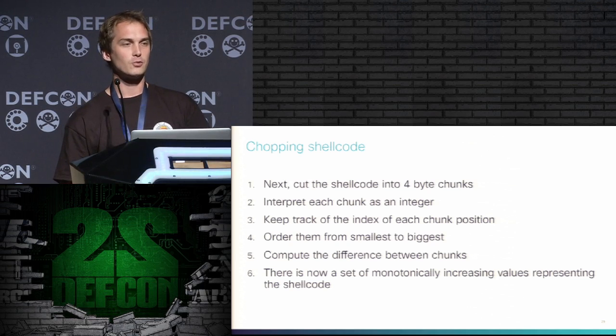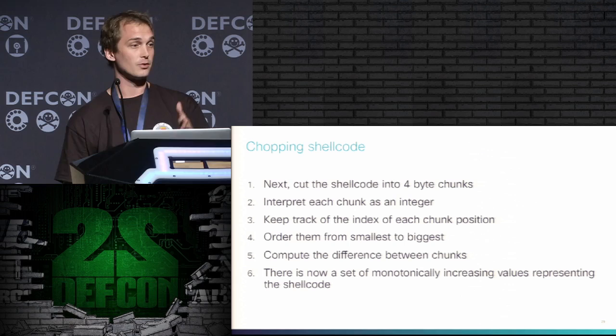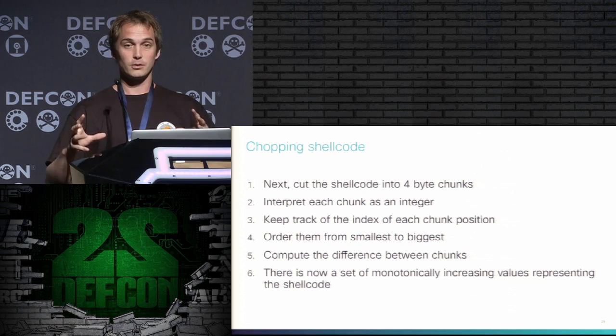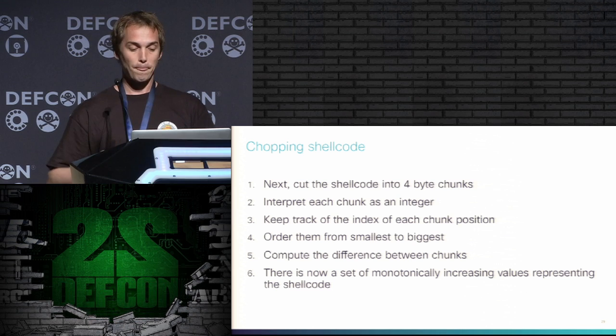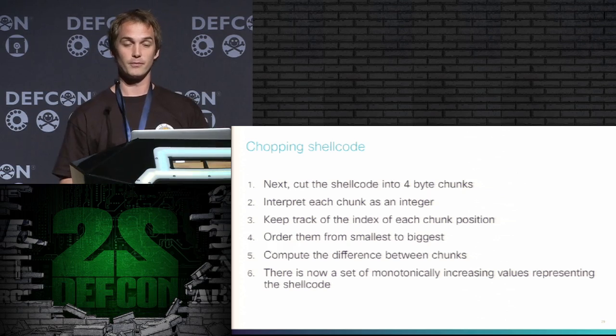And if you keep track of the index of each chunk, which index your number is, since you're always going to be adding, you want them ordered, because you always want to go from smaller to bigger. So you take your shellcode, cut it into little bits as numbers, keep track of their position, and reorder them from smallest to biggest.